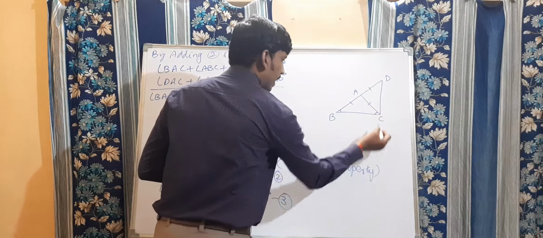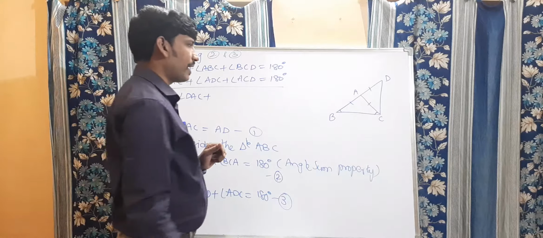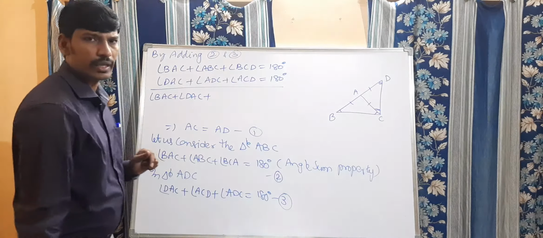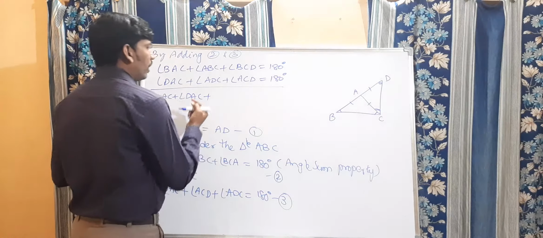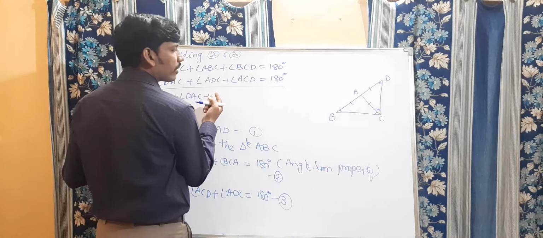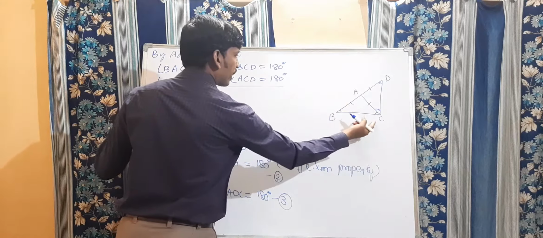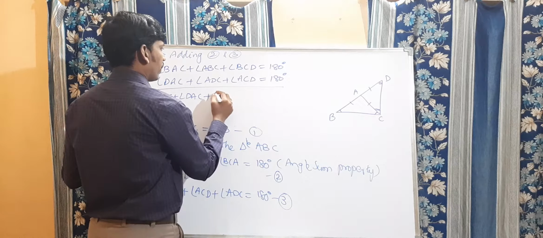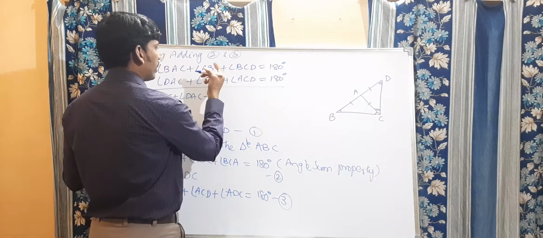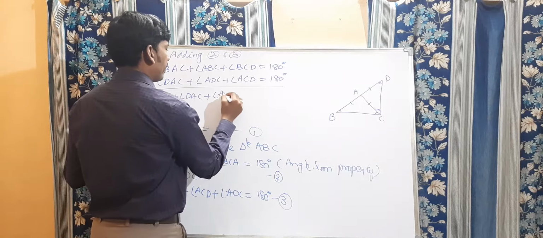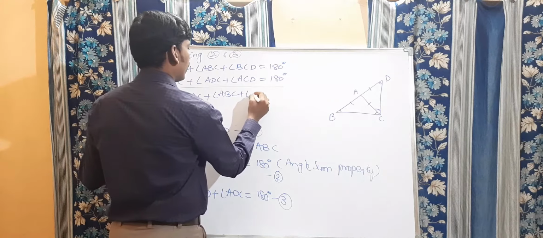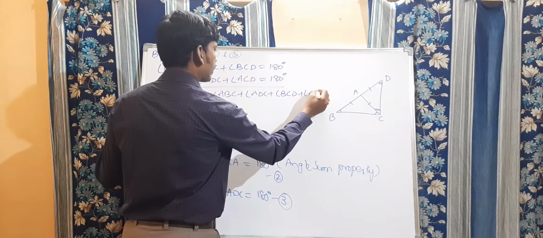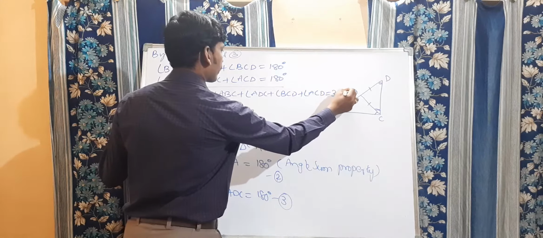So this angle equal to this angle, as well as these two are equal. Clear, my dears? So here ABC as well as ADC. Write down as it is. Angle ABC plus angle ADC plus angle BCA plus angle ACD is equal to 360 degrees.